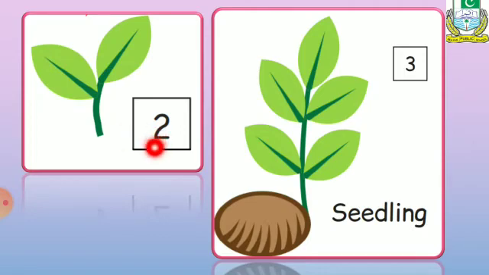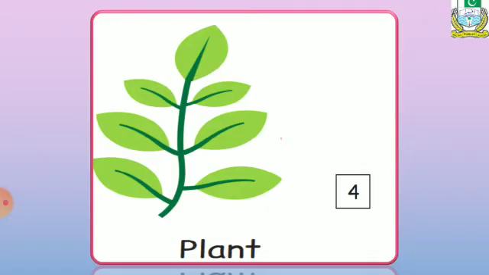Okay, now going to step number 2. What happens in step number 2? Leaves grow out of the seed. Some leaves start growing out of the seed. And what is happening in step 3? A cluster of leaves grow out of the seed and the seed is called seedling. Okay, here we are on step number 4.